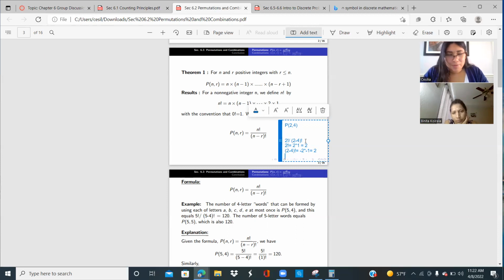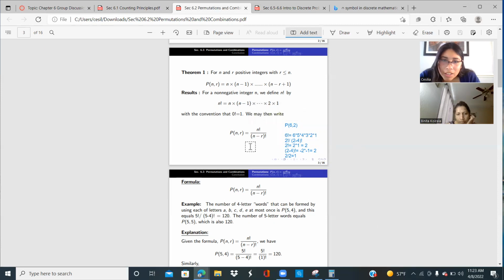So 2 over 2 would equal 1. In another scenario, let's say this is 6 and right here it's 2. Even though it says bang, you're supposed to multiply all the numbers behind it. So 6! would equal 6 times 5 times 4 times 3 times 2 times 1, and so forth. Okay, I got it. Let me see if that'll stay.